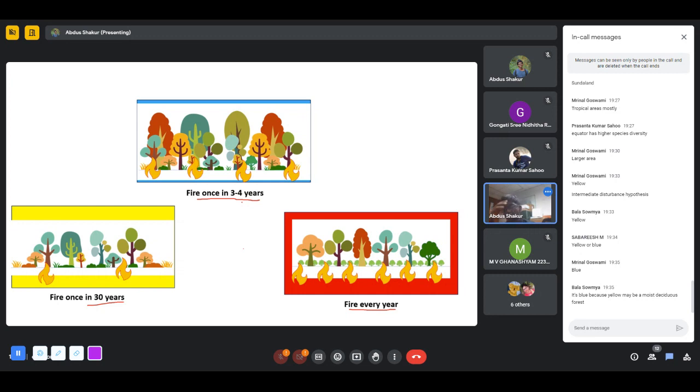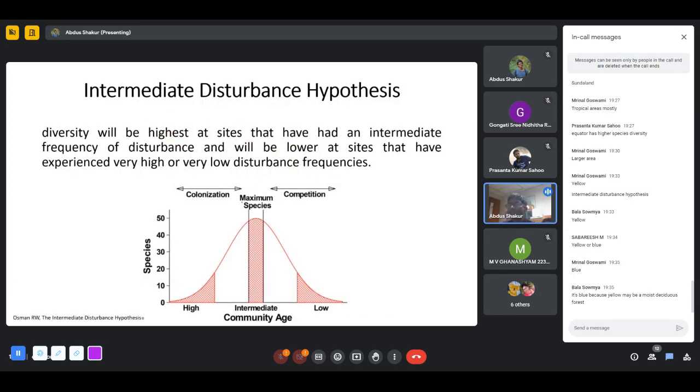So what does this intermediate disturbance hypothesis say? The sites that are frequently disturbed, and those that are not frequently disturbed, may not have as many species as the ones that are intermediately disturbed.